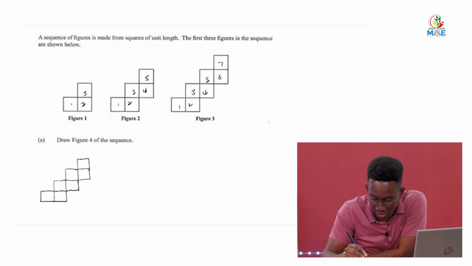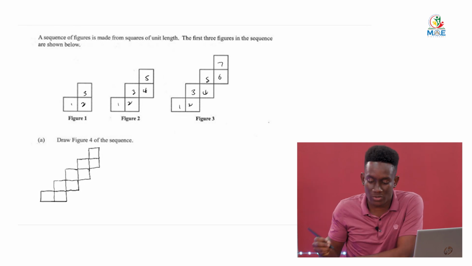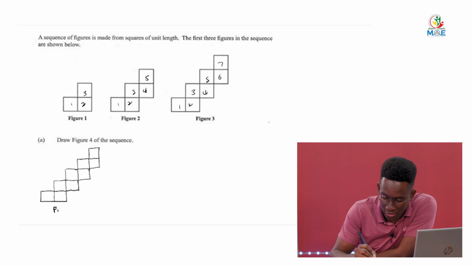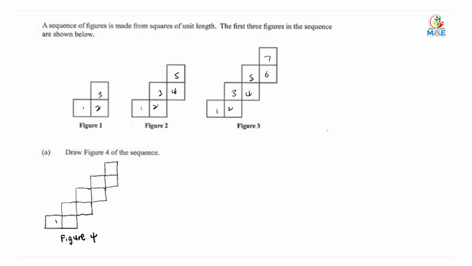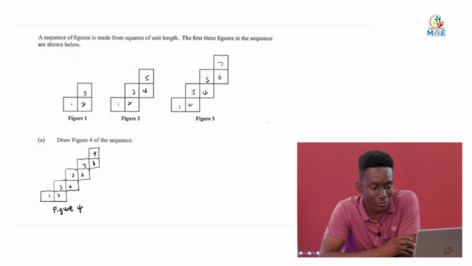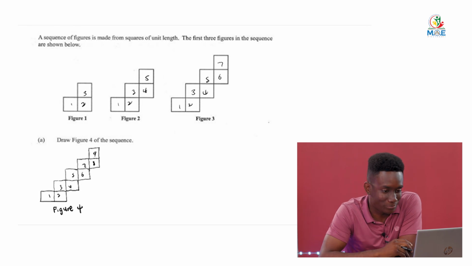So I add on 1 here. Then I add on another one at the top here. And this will give me figure 4. And if I count, I have 1, 2, 3, 4, 5, 6, 7, 8, 9 squares. 2 more than figure 3, and that keeps with the pattern.